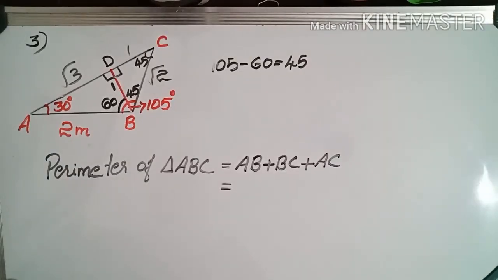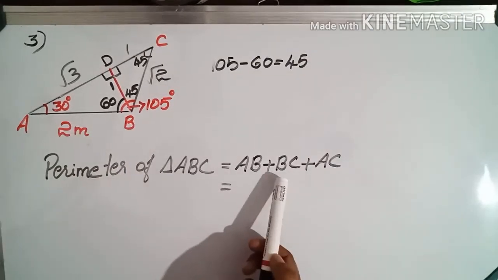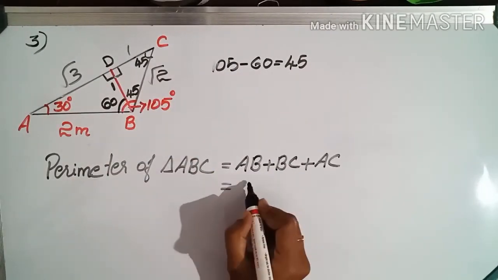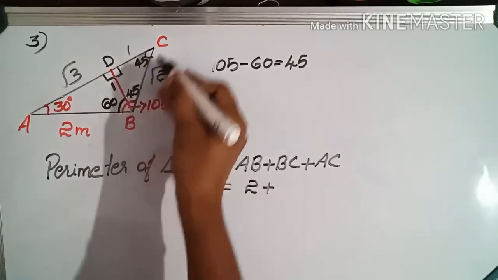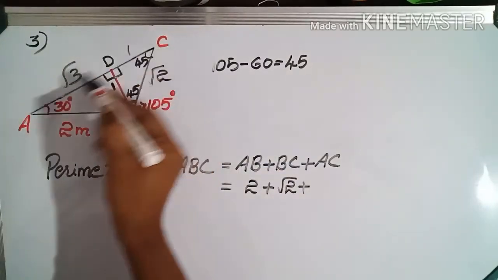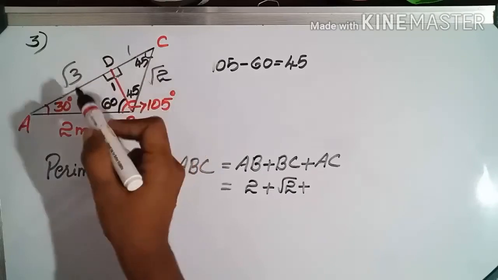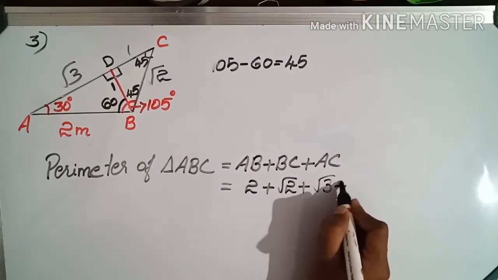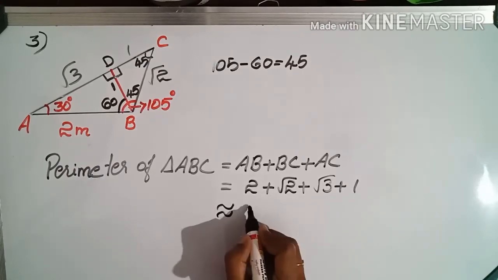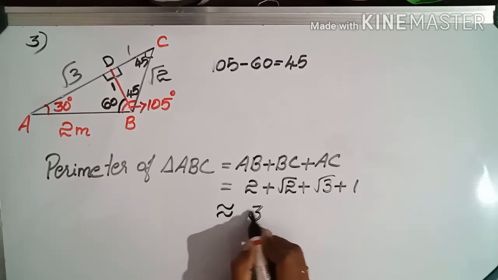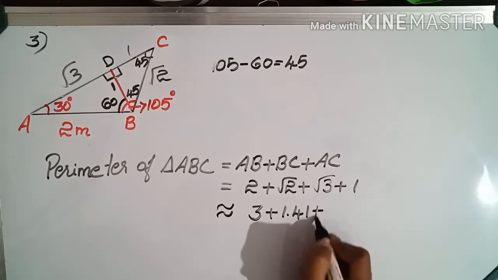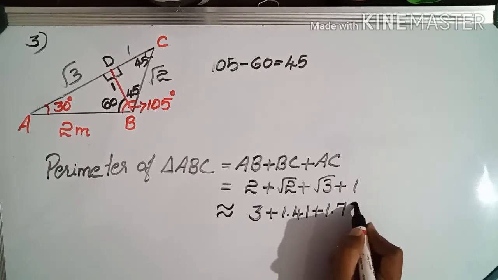So the perimeter of triangle ABC equals AB plus BC plus AC. Here AB is 2 meter, plus BC is root 2, plus AC. AC means from here to here, two measurements: A to D root 3 and D to C 1. So the two sides we have to add, root 3 plus 1. Now this is approximately equal to 2 plus 1, that is 3, plus root 2 approximate value 1.41, plus root 3 approximate value 1.73.